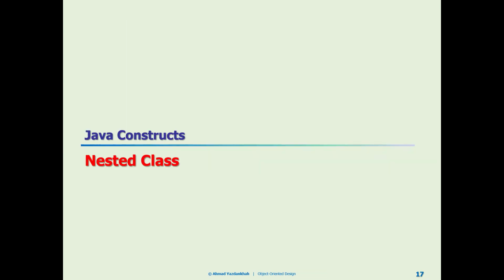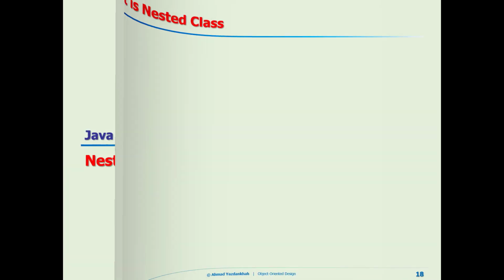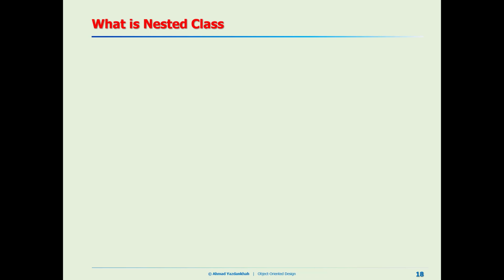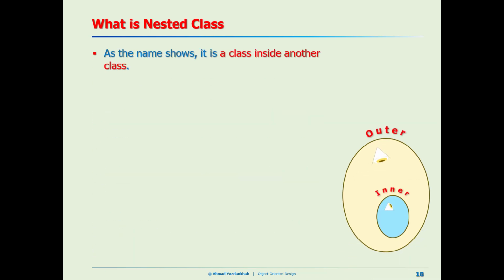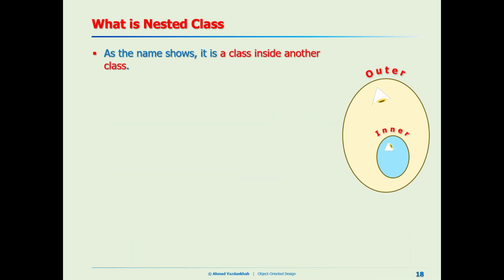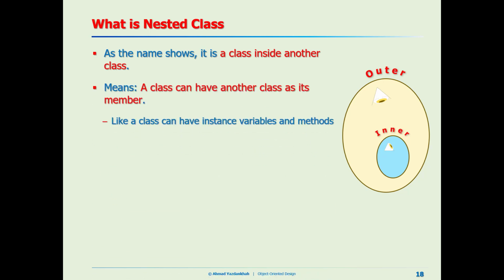What is a nested class? As its name says, it means that there is a class inside another class. In other words, a class can have another class as its member. This little class here is inside the bigger class like this.